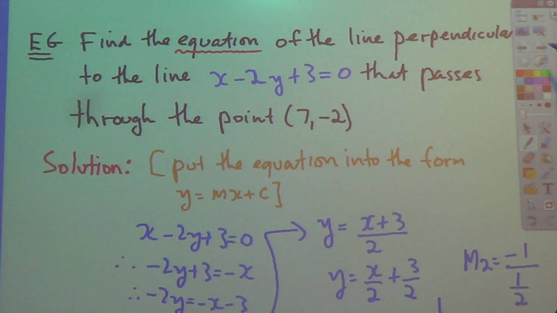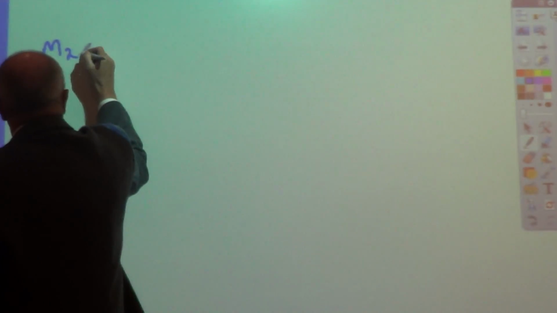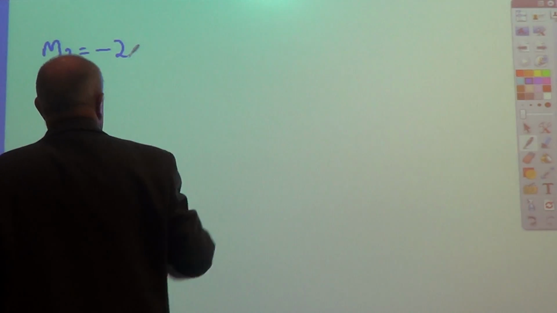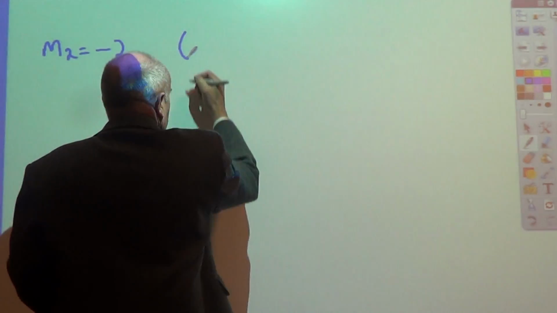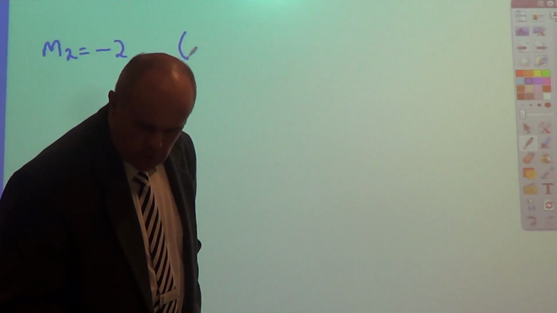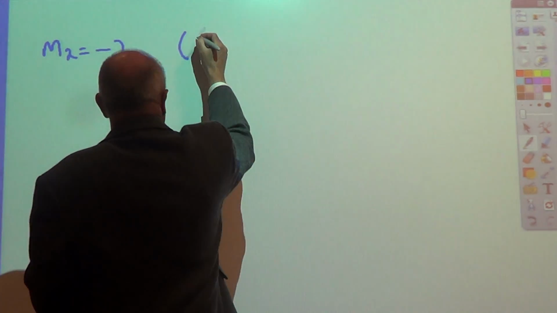We've done that sort of thing in the previous lesson. What we know is that the gradient is -2, and whatever the equation of the line is, it's going to pass through the point which I think was 7, -2.